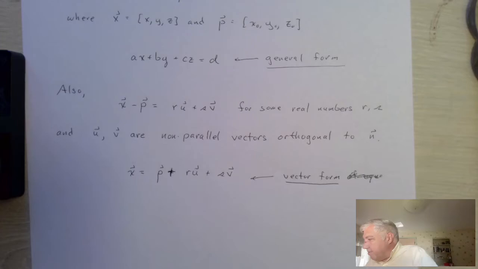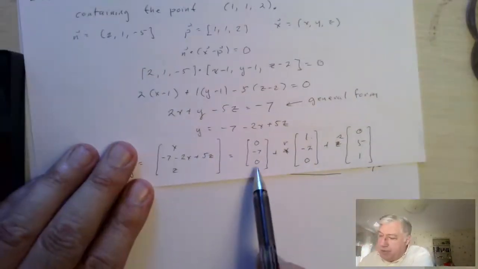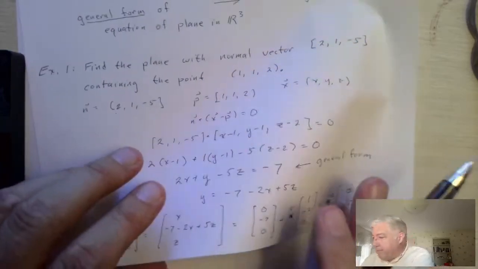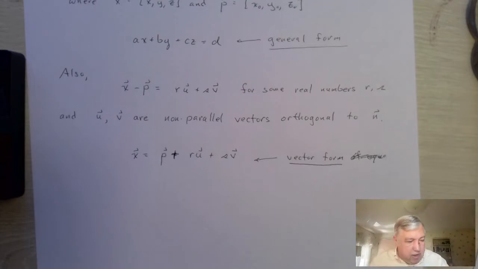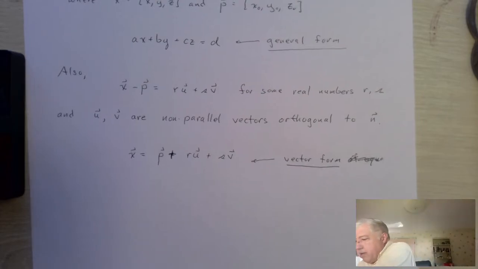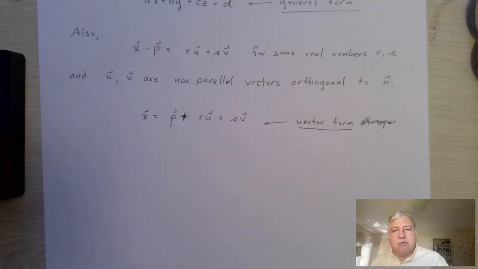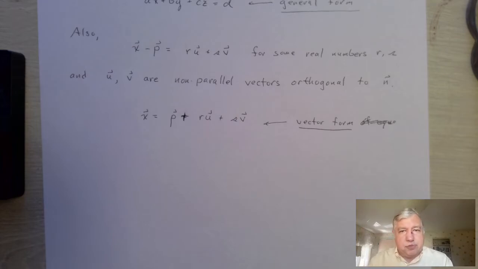Okay, if you just look at this, this was our p, this was our u, and this was our v. This is the vector form of the equation of a plane. And so in your homework, they'll ask for a general form and a vector form.